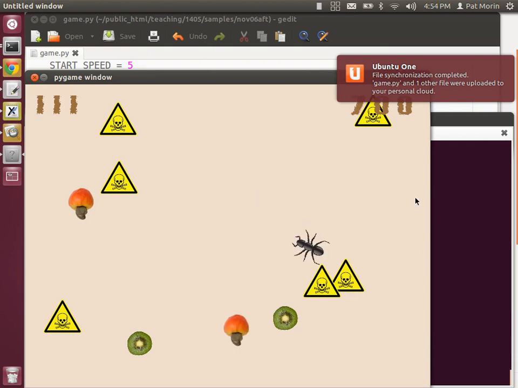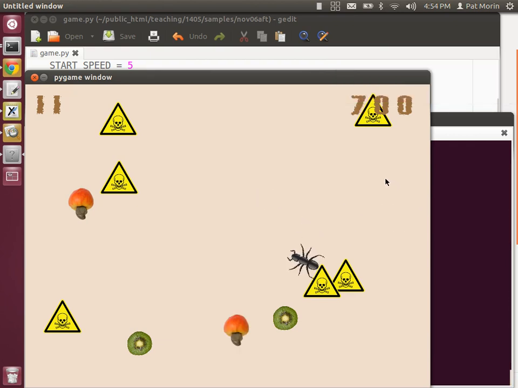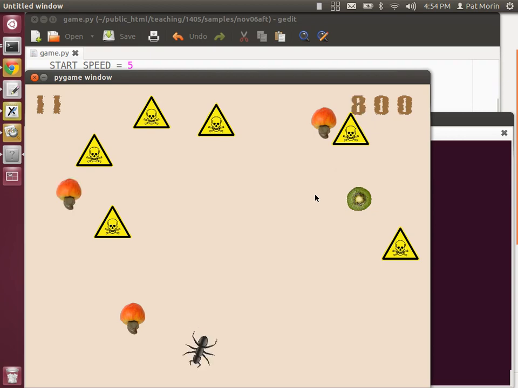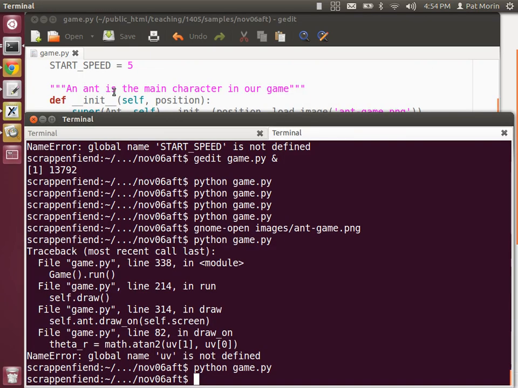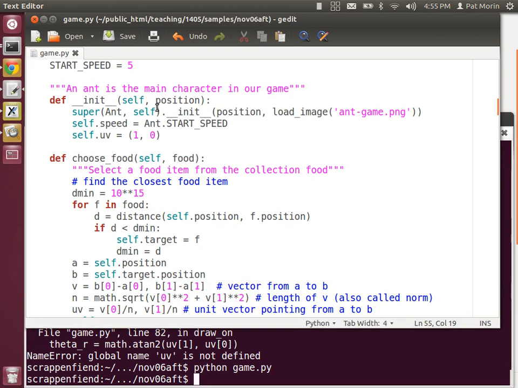Not quite, eh? It is rotating, and it's rotating by a reasonable amount, but somehow not doing the right thing. That looks right, yeah. That looks worse than ever. That shows that we tried and we couldn't do it.